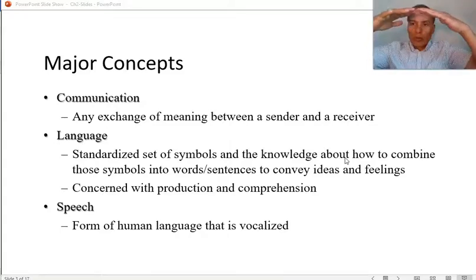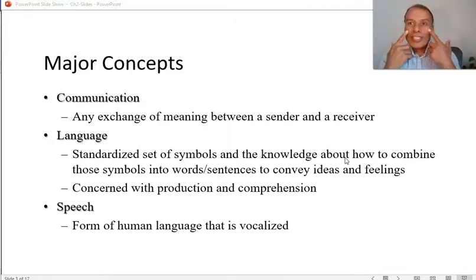So you look at it as the greater umbrella is communication. Anything that you do, facial expression, smile, frowning, body language, all of that is communication. Then one specific kind of communication is language.